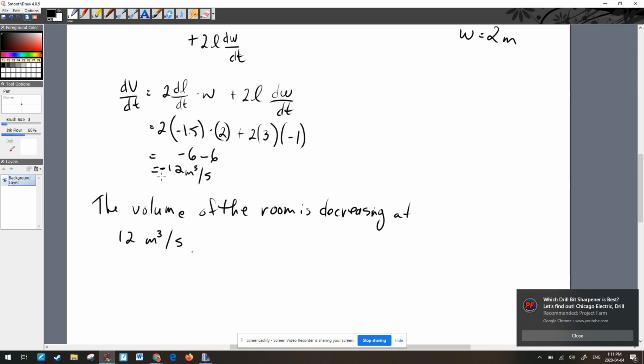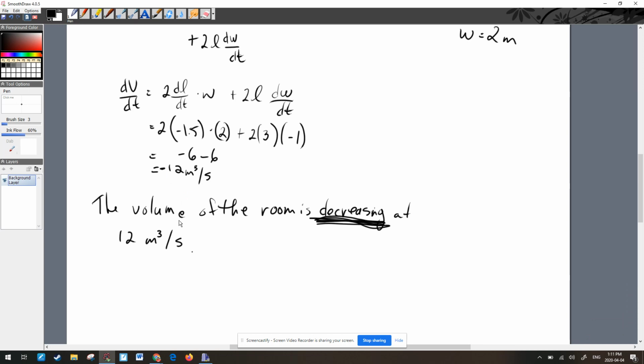Now, be really, really careful. I'm not going to say that it's decreasing at negative 12. The positive or negative is taken care of because we choose our words very carefully. Because it was negative, we said decreasing. So please don't say the volume of the room is decreasing at negative 12 meters per second, because that would be an error.